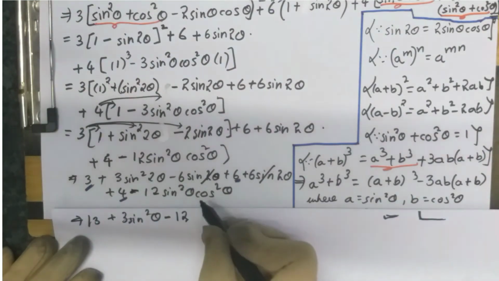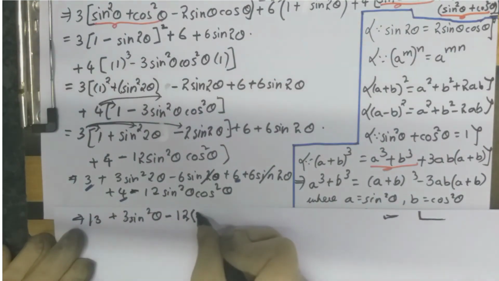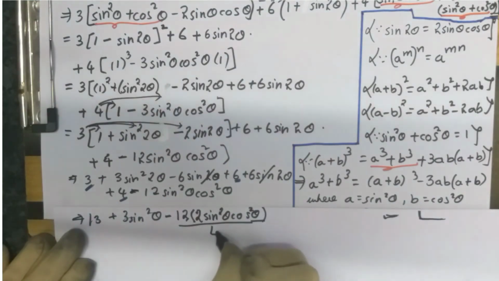So what we can do? We can write this as 2 sine theta cos theta whole square divided by 4.